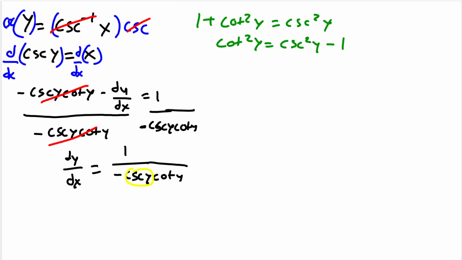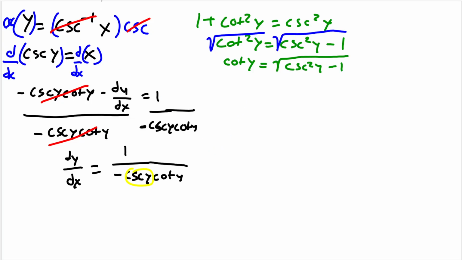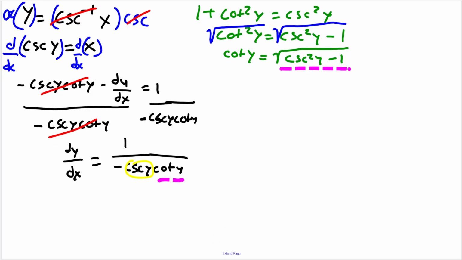Now, we just want to take the square root of both sides, and we'll get cotangent of y equals the square root of cosecant squared of y minus 1. Remember, no plus or minus here. So now we can substitute this cotangent of y with the square root of cosecant squared of y minus 1. So then we'll get 1 over negative cosecant of y times the square root of cosecant squared of y minus 1.